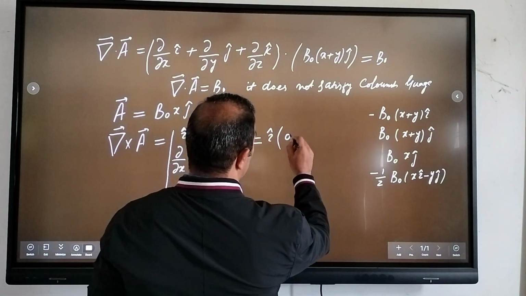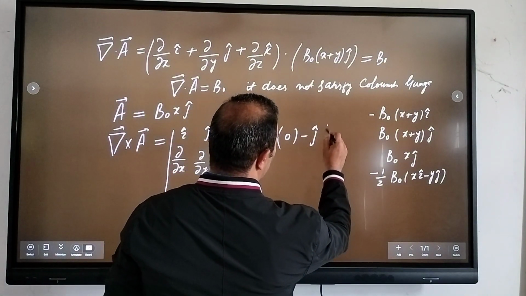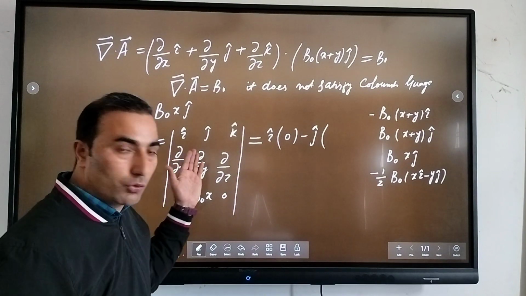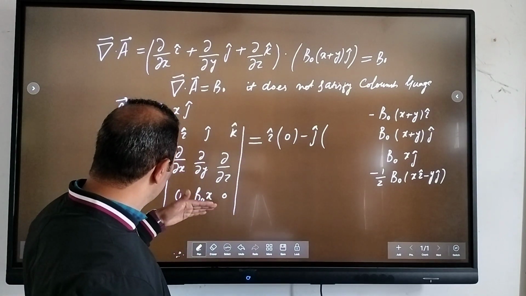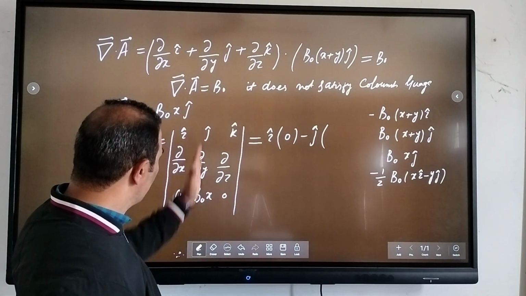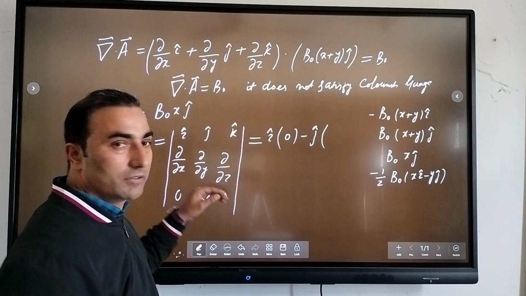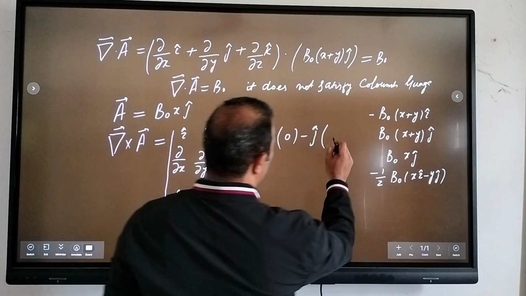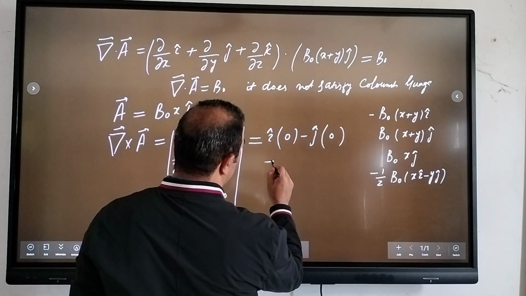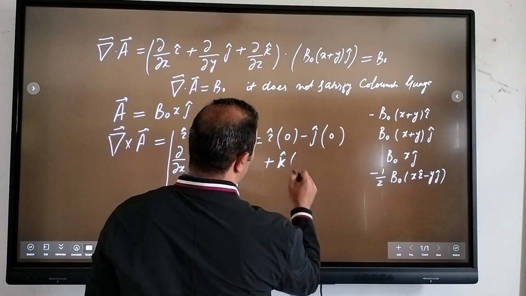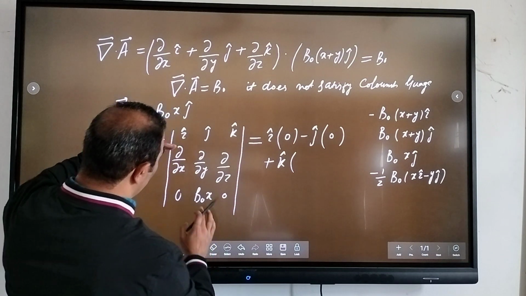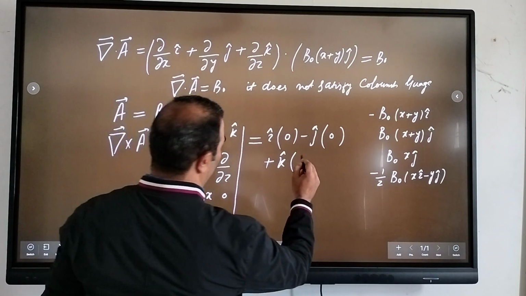तो ये term 0 बन जाएगी, and similarly जो second term हमारी है, so when you evaluate the second term, that jth component, so this will be again 0 because you block this one vertical and this horizontal. This is partial by partial x of 0, partial by partial z of 0. So this is again 0. And now let us have a look at the kth component. So kth component will be, so that means you block this one, so you will get here b0 k, right?